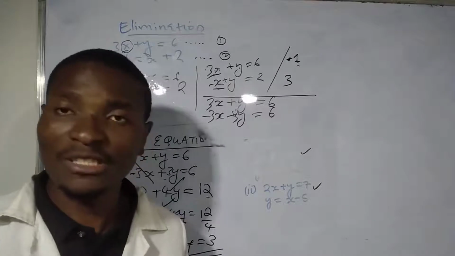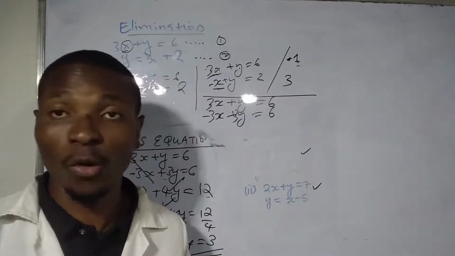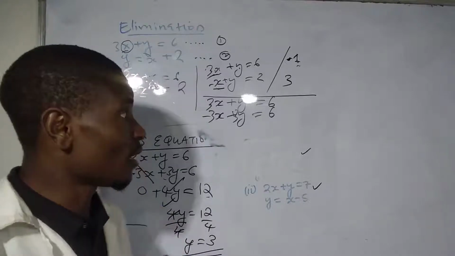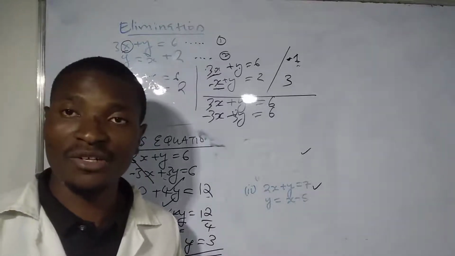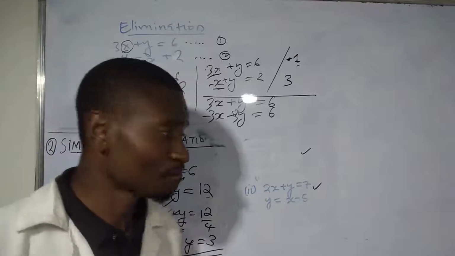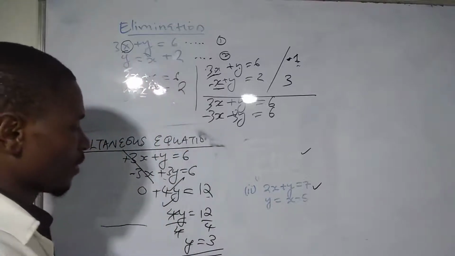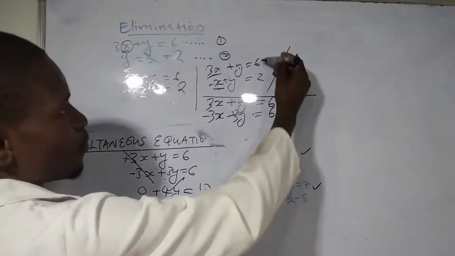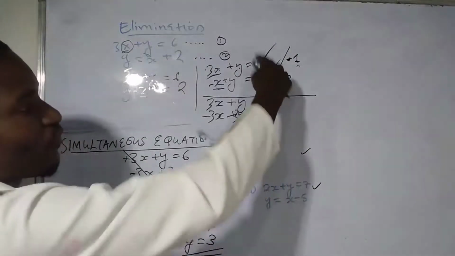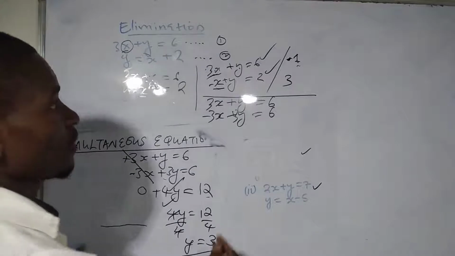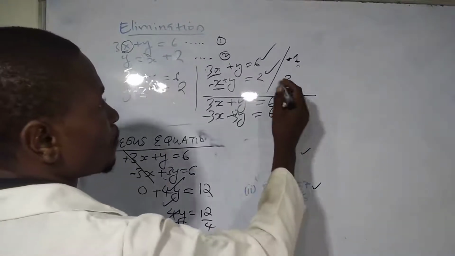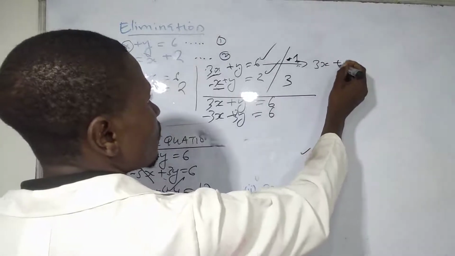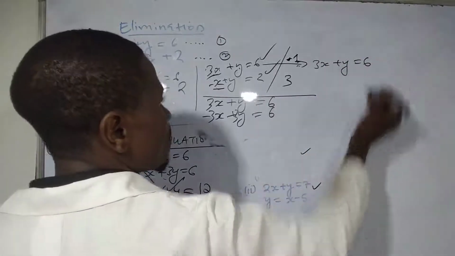Now that doesn't mean that we are done answering the question. There is also one thing that is remaining, to find the value of x. So to find the value of x, you just pick from any of the 2. We pick this one, 3x plus y equals to 6.